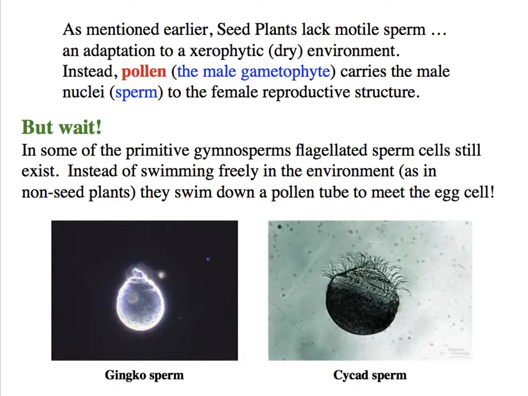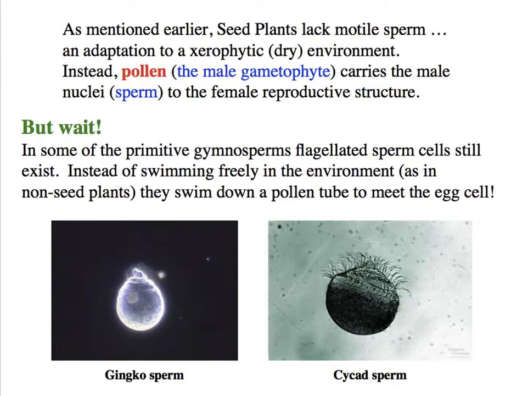Now, as mentioned earlier, seed plants lack motile sperm, which is an adaptation to a xerophytic or dry environment. Instead, pollen, which is the male gametophyte, carries the male nucleus to the female reproductive structure. But wait! In some of the primitive gymnosperms, flagellated sperm cells still exist.